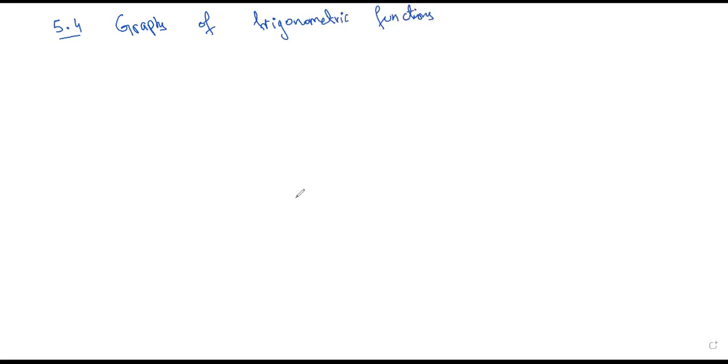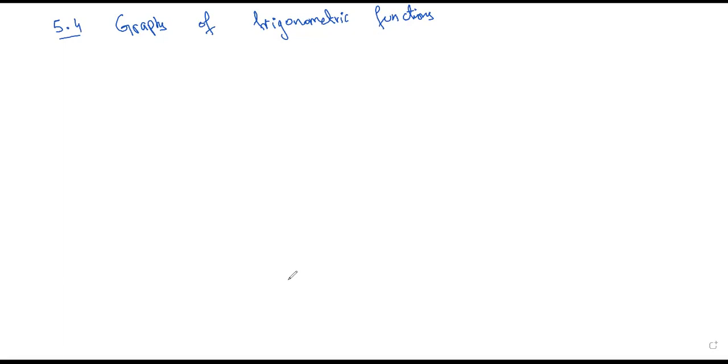Now, just like all other graphs, you know that for a linear equation, we have a straight line. For a quadratic equation, we have a parabola. For cubic, we have different things. We need to understand one thing, that for all the trigonometric functions at your level, I mean sine, cos, and tan, we have three fixed shapes.